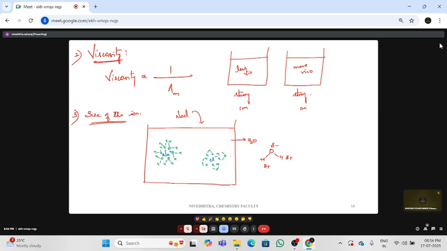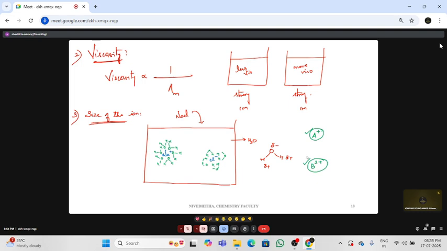Okay, now we'll understand the size of the solvent cage. Generally, this is a cation. This is also a cation. So this cation will also attract water molecules. This cation will also attract water molecules. But among these two cations, which cation will attract more water molecules?